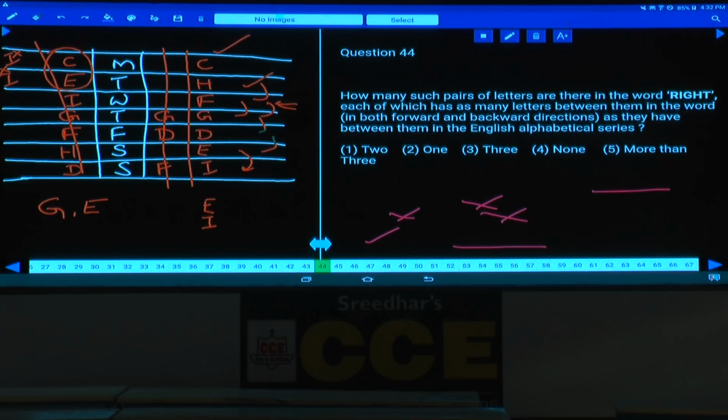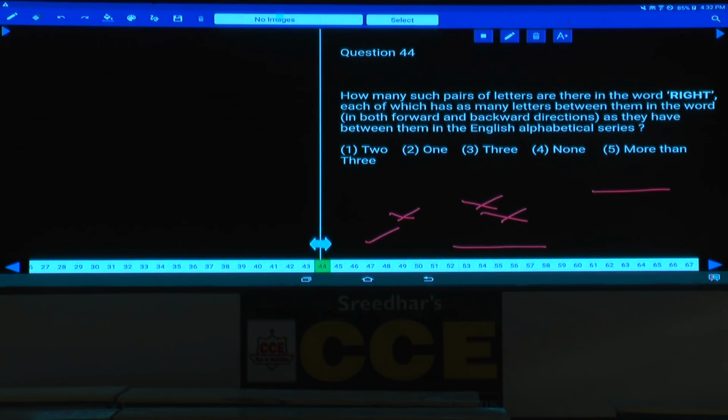Now question number 44. What is this question based on? It is based on such pairs of letters. How many such pairs of letters are there in the word RIGHD, right?